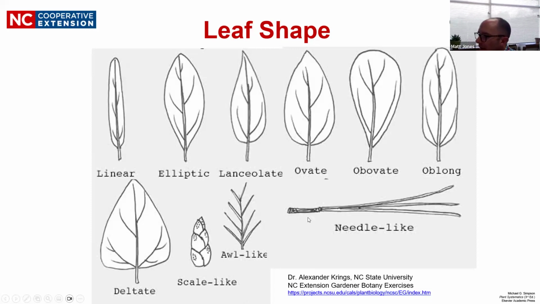Then some plants have needle-shaped leaves, so they're just really thin and kind of quasi-round, not entirely round. They're kind of flat on one side, but many in the pine family have needle-shaped leaves, including true cedars, larches, and pines themselves.